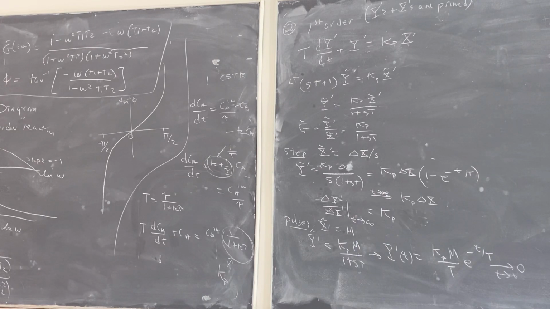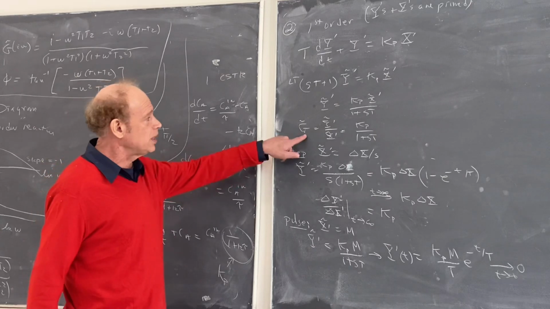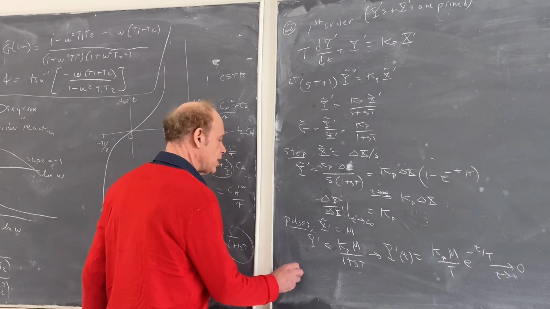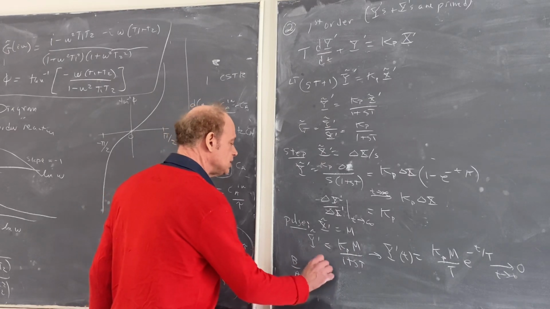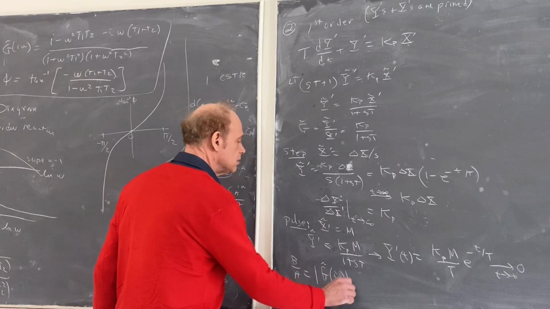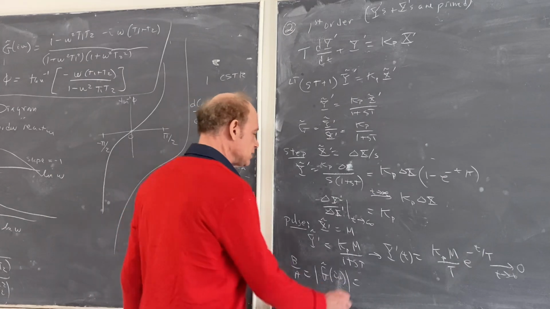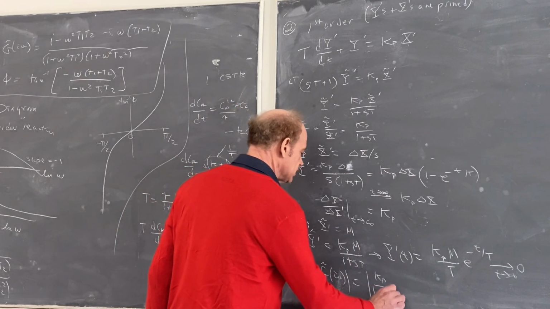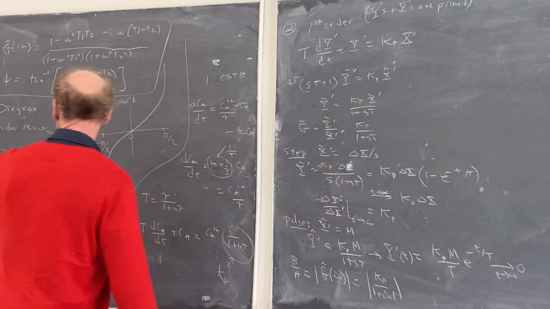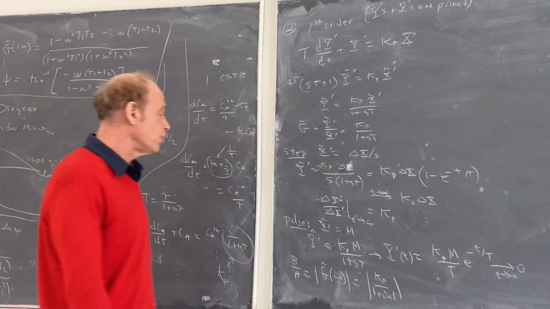Okay, and if I want the frequency response, then of course I need G. Here's G. And I can note that B over A is the magnitude of G tilde of iω, which is the magnitude of Kp over 1 plus iωτ, which we worked out already. I'm not going to bore you with that.